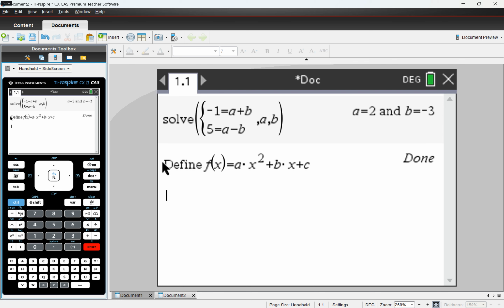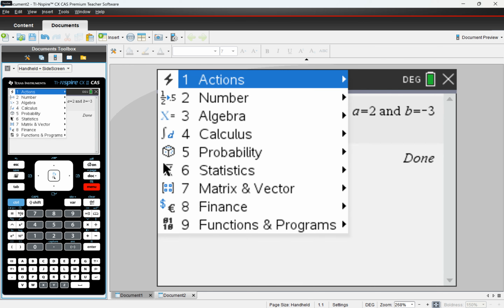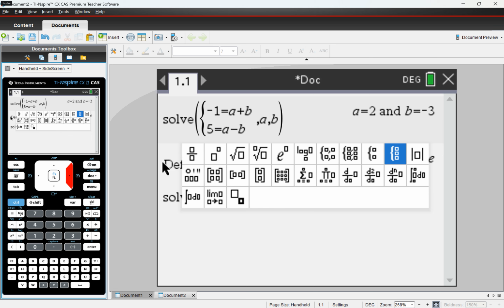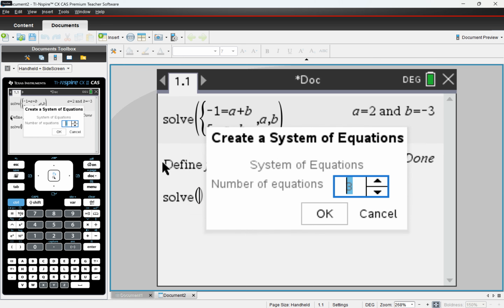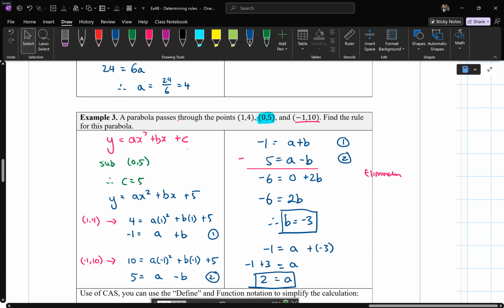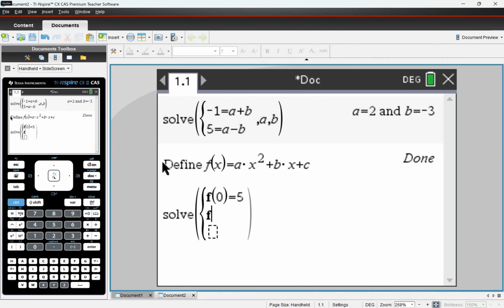After I define it, I do the same thing again. Menu 3, 1. And I'm solving. Now there are 3 equations. So I'm going to go to this one because there are 3 points they've given us. They told you that when x is 0, so f of 0, y value is 5. Next one, what do they say? When it's 1, it's 4. So f of 1 should equal 4.